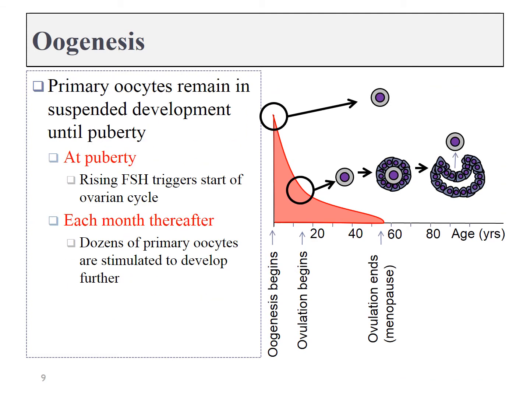Because they haven't finished with meiosis, we can't call them eggs yet, but we'll call them oocytes, and they will remain in a state of suspended animation until puberty begins and the pituitary begins producing FSH. This will trigger roughly 1 or 2 of these oocytes to be ovulated every month or so.